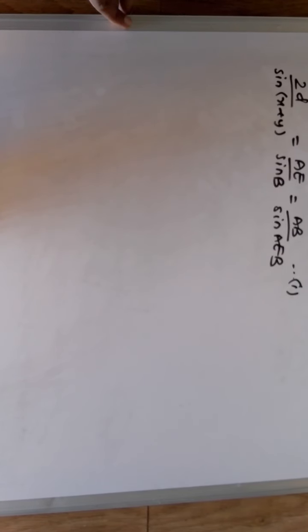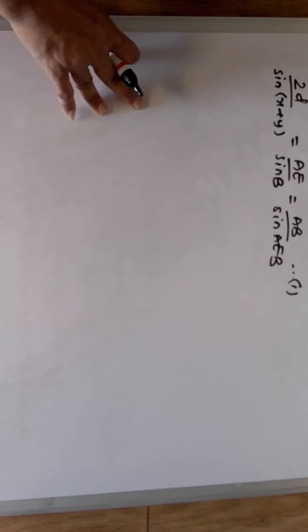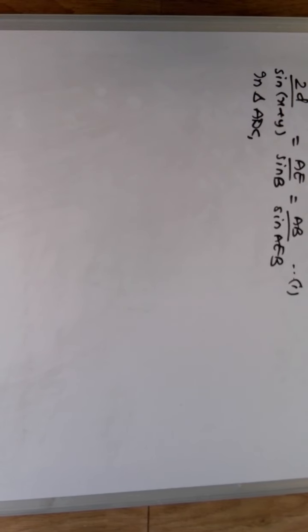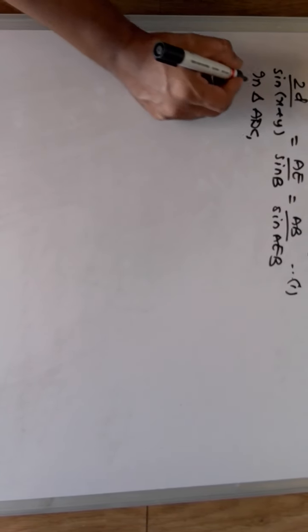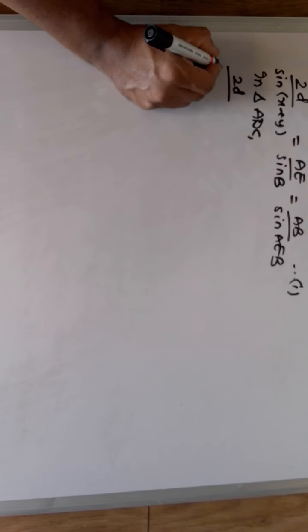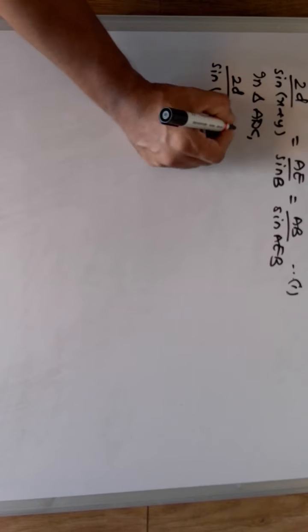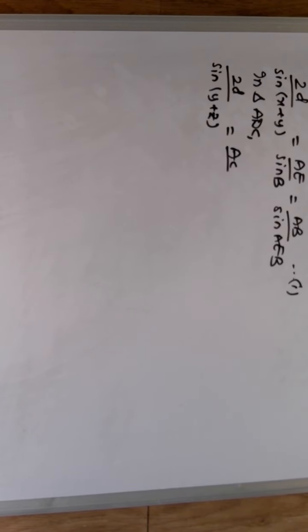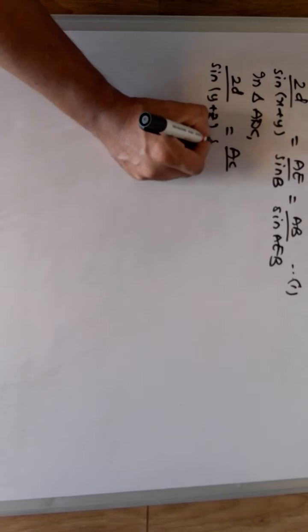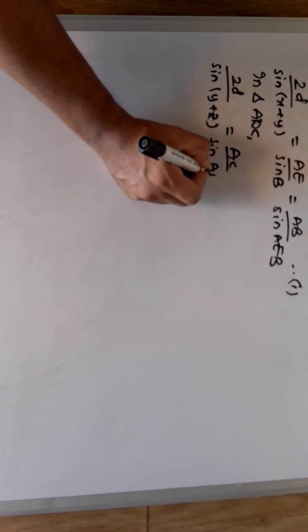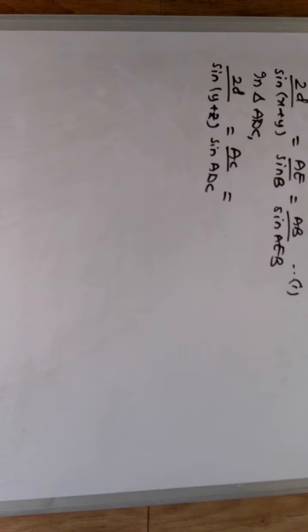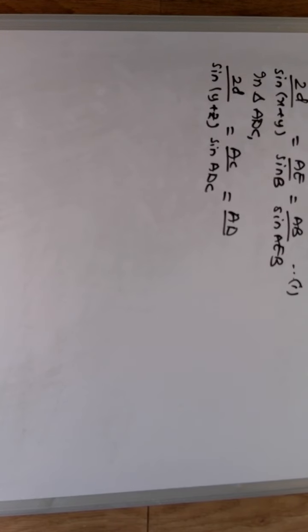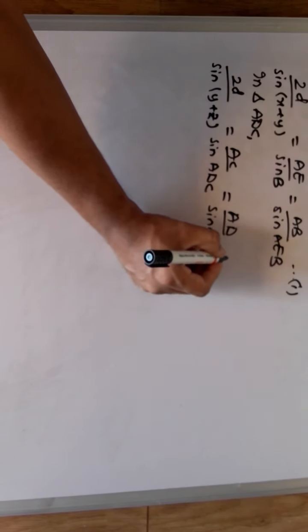To get y plus z, I require triangle ADC, so in triangle ADC using the same sine rule, I will get 2D upon sine(y plus z) is equal to AC upon sine of angle ADC, which is equal to AD upon sine of angle C, that is sine C.